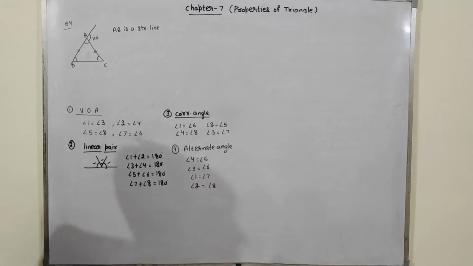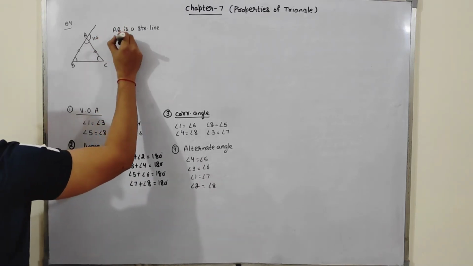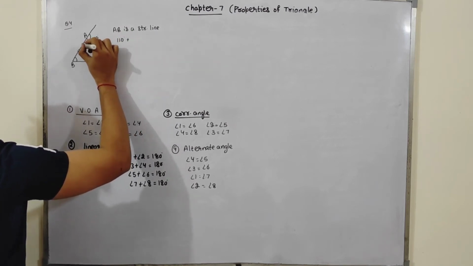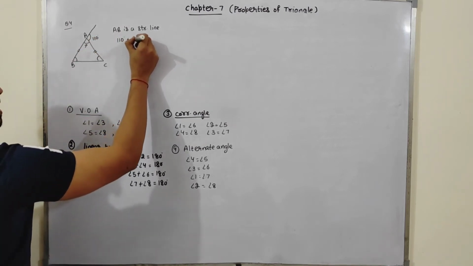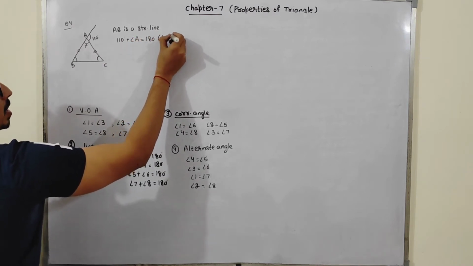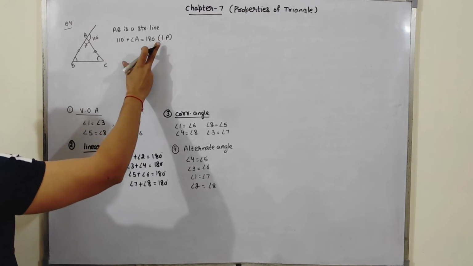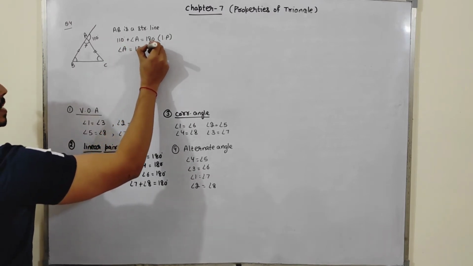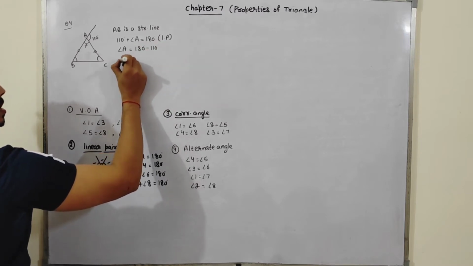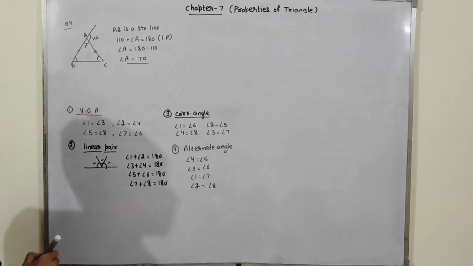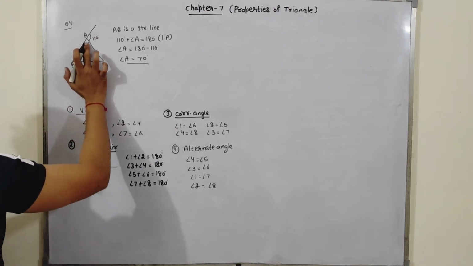So if I just use this property, this angle 110 plus this angle A, this angle I am talking about, so angle A, it will be 180 degree because of linear pair. So see, this is in addition, when it goes here it will be in subtraction. So angle A is equals to 180 degree minus 110. So angle A is equals to 70 degree now. Okay, so the value of angle A is 70 degree.